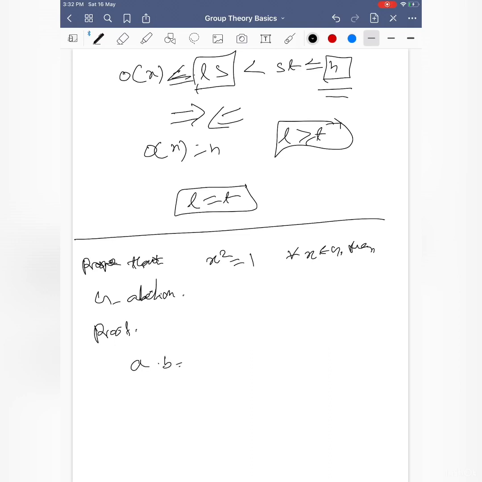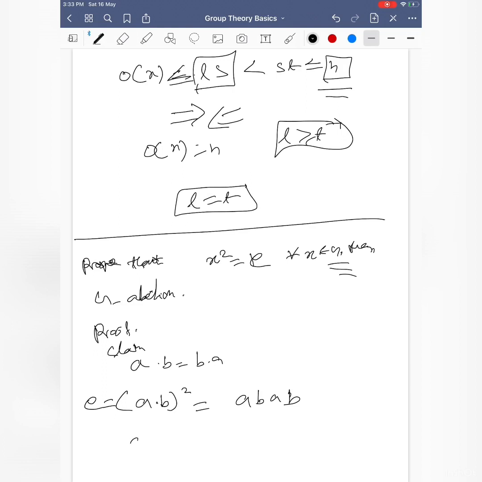I want to prove that A dot B equal to B dot A. I'm doing this exercise because here it's related to the order, irrespective of G is finite or infinite. Okay, this is a claim. What I know, A dot B whole square equal to A dot B A dot B, but that is equal to identity, right? That is equal to identity.